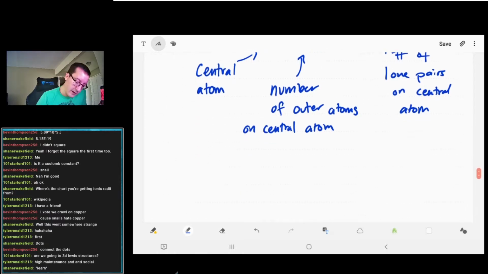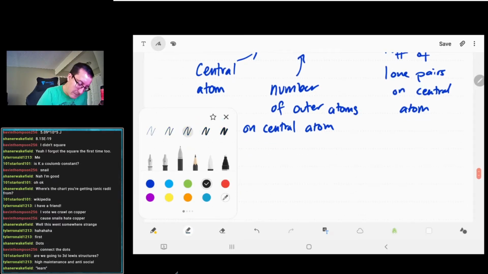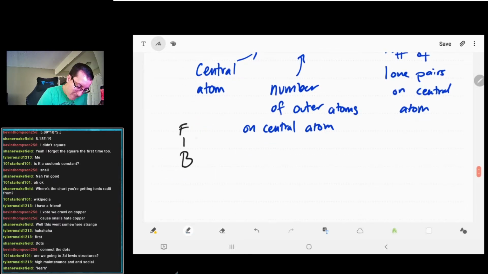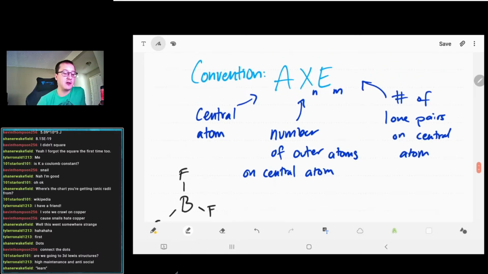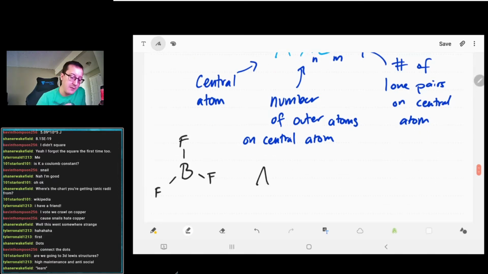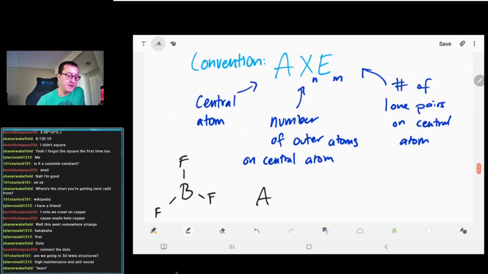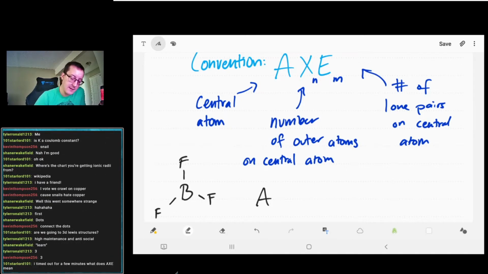So if we look at that BF3 molecule, how would we classify this according to our convention here? We, of course, have our central atom, so that's just A. How many outer atoms do we have? Yes, Tyler, you are now promoted from snail into something else.